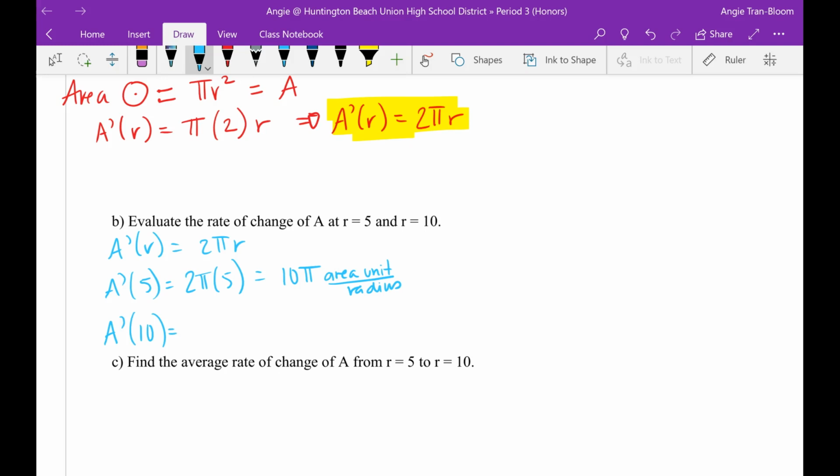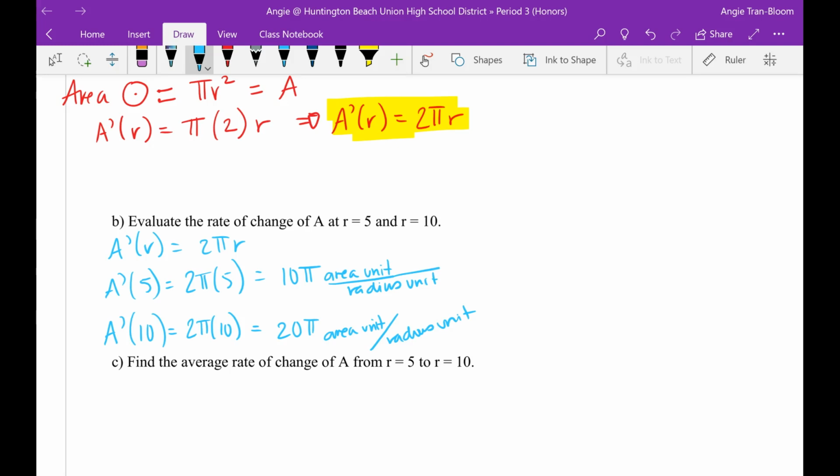For this one I'm going to plug in 10 now. So 2 pi times 10 is going to be 20 pi. Now let's write the unit of measurement: area units for each radius unit. So that's how you write the unit of measurement.